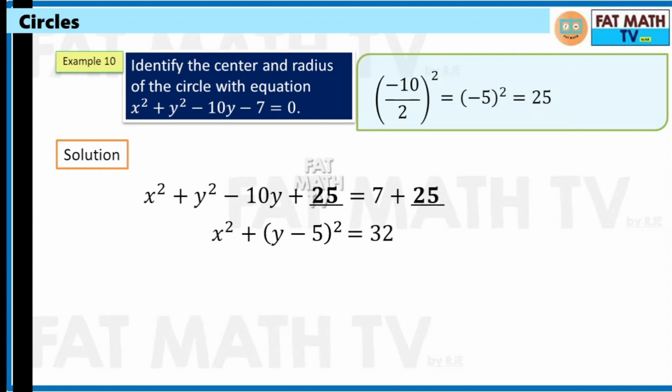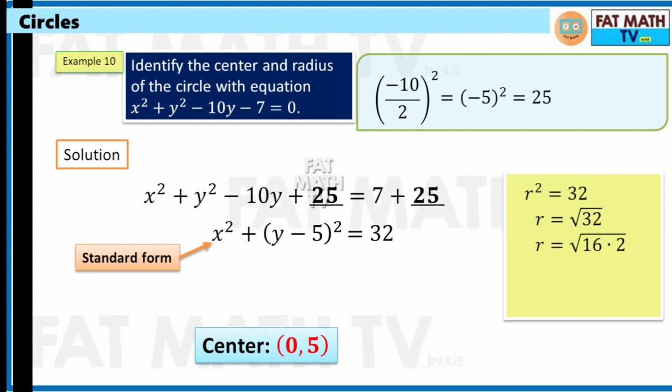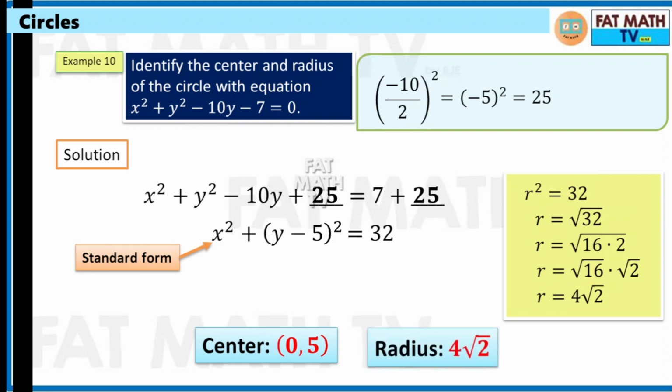And that is already in standard form with h equals 0, and k equals positive 5, and r squared equals 32. So the center is at 0, 5, and the radius is square root of 32. That can be simplified to 4 square root of 2. So the radius is 4 square root of 2.